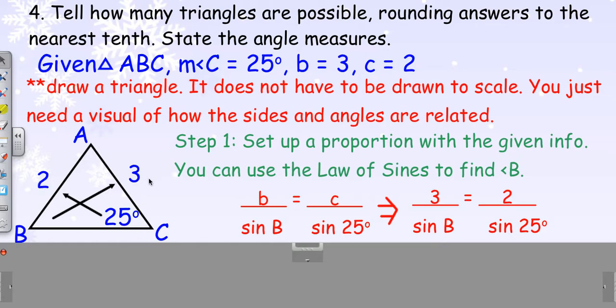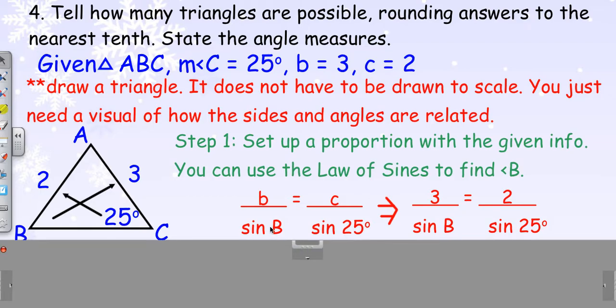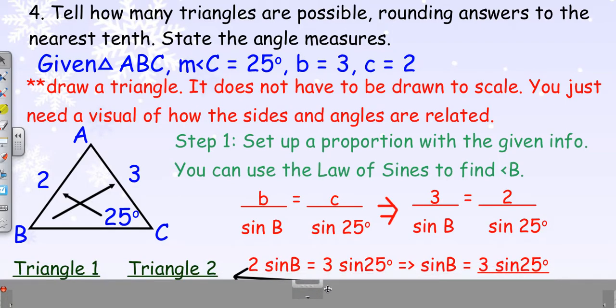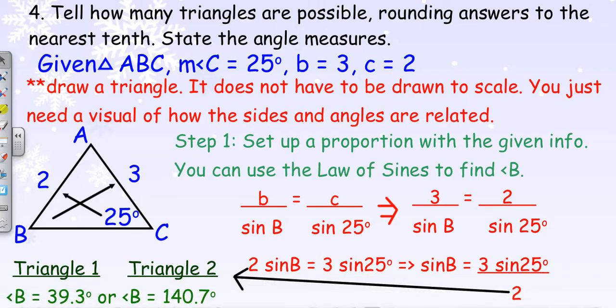Hopefully by now you see that with what I'm given, the easiest thing to find would be angle B. When I set up my proportion, that's what I did. I have side B over sine of angle B equals side C over sine of 25 degrees. I plug my numbers in and work it through. There are lots of things here; don't worry about the left-hand side in the green. We'll explain that in a little bit.